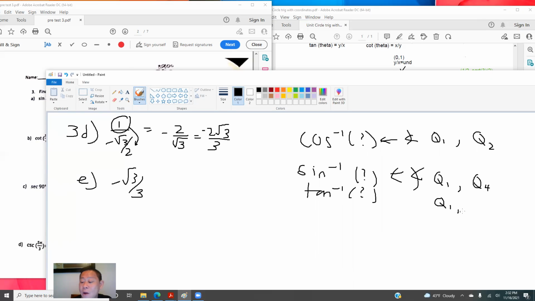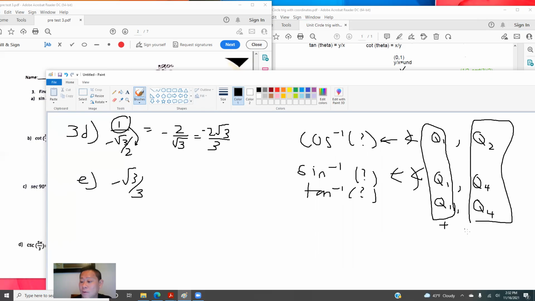In quadrant 1, everything is positive, and in quadrant 4 or quadrant 2, this will be negative.